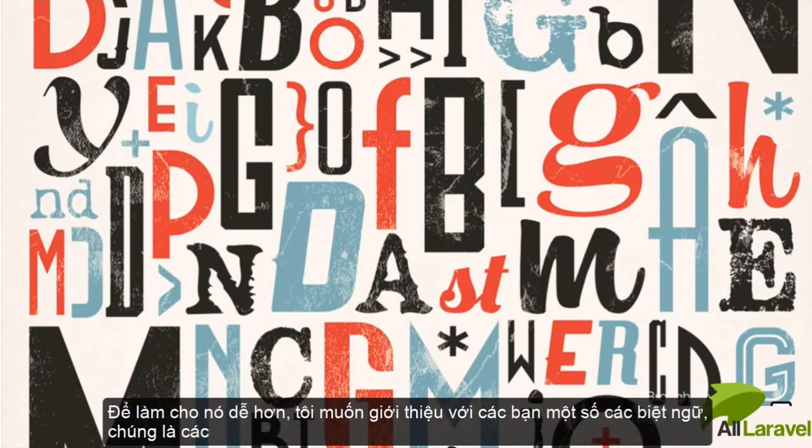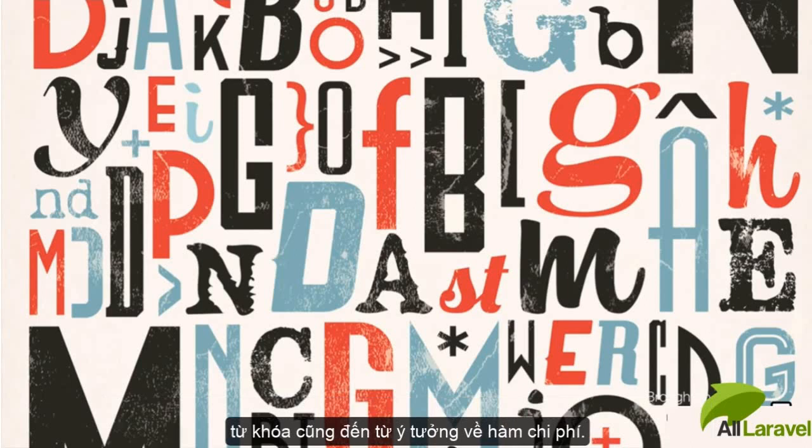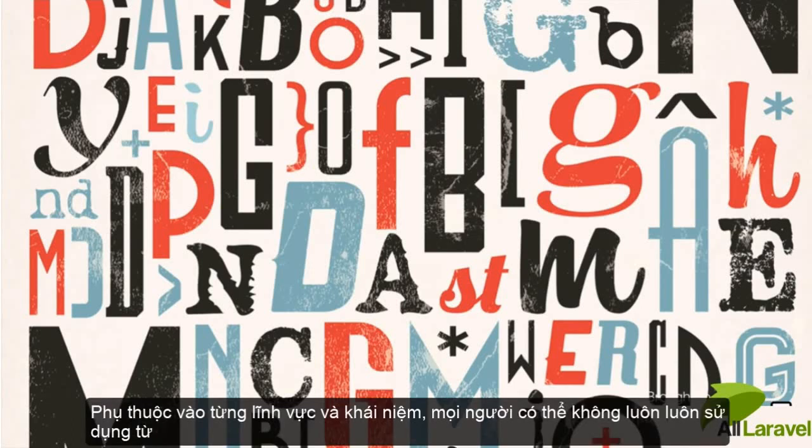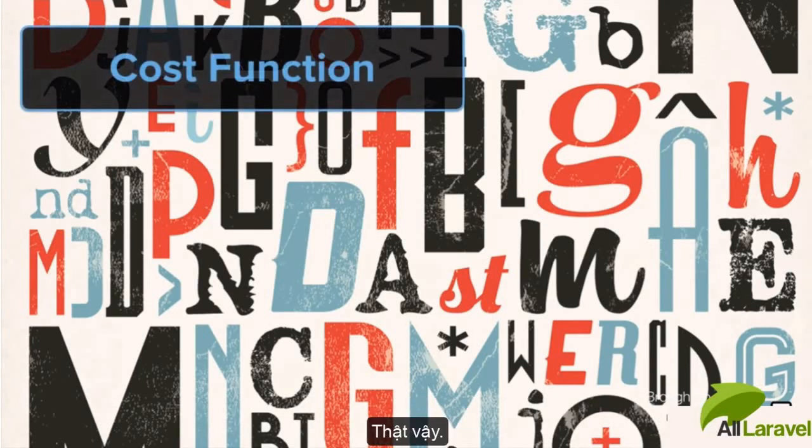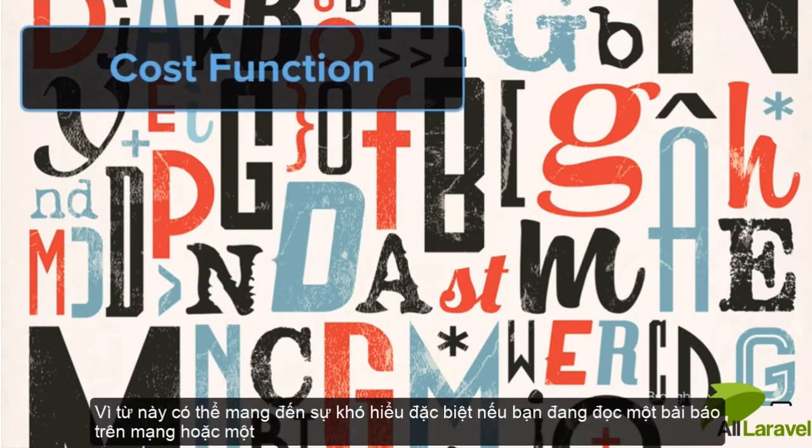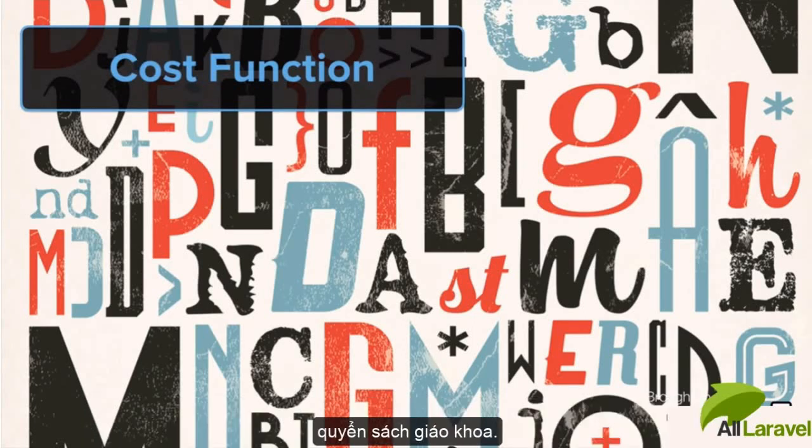So in order to make it easier, I want to introduce you guys to a lot of the jargon and a lot of the words that come back to this idea of cost functions right off the bat. So depending on the field and depending on the context, people don't actually always use the word cost function, right? And this can make things a little bit confusing, especially if you're reading an article online or a textbook of some sort.